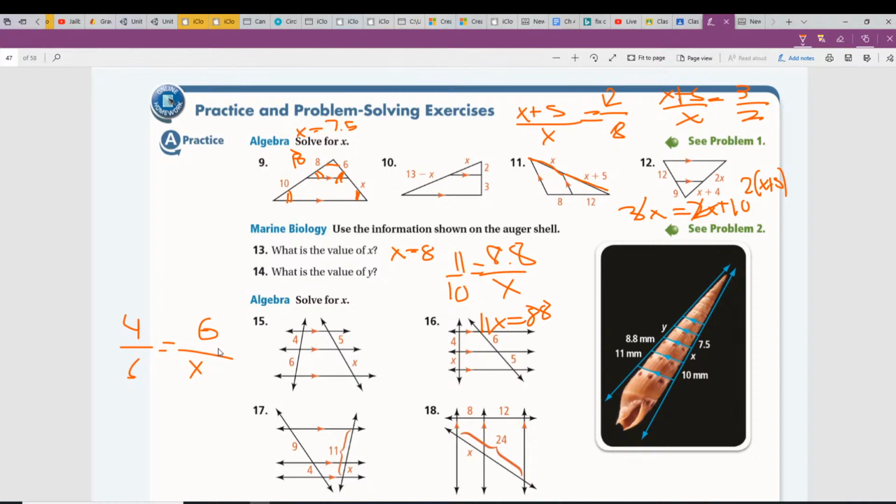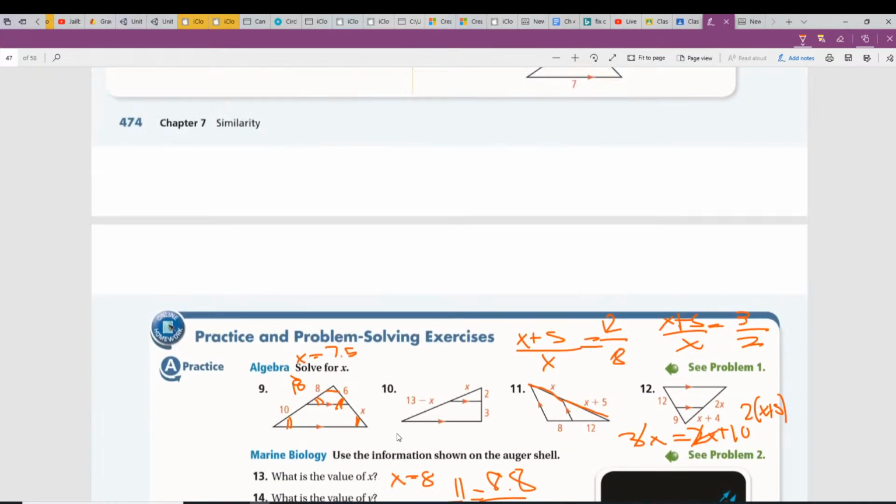So 4 divided by 5, 4x is equal to 30, and we have x is equal to 7.5.